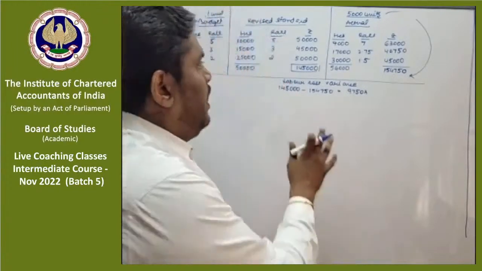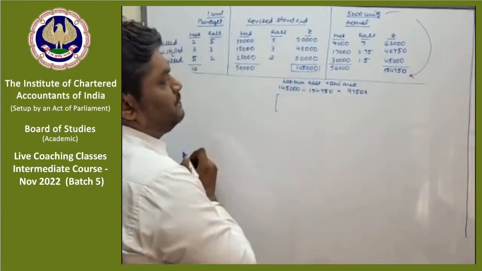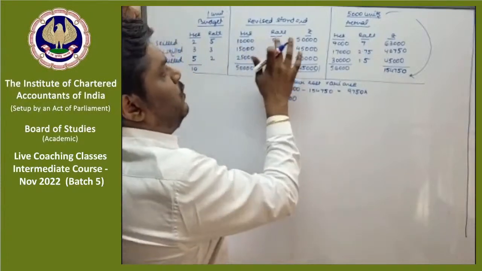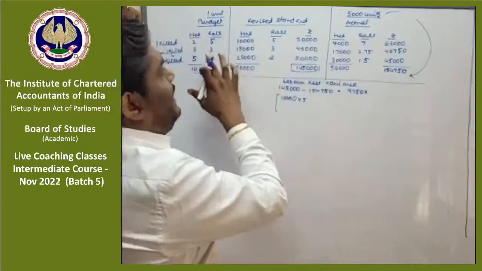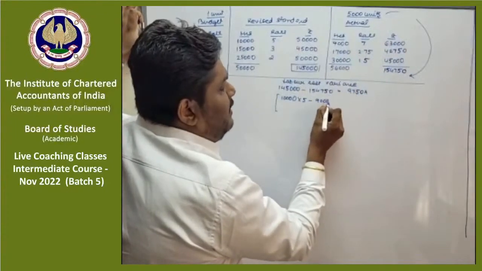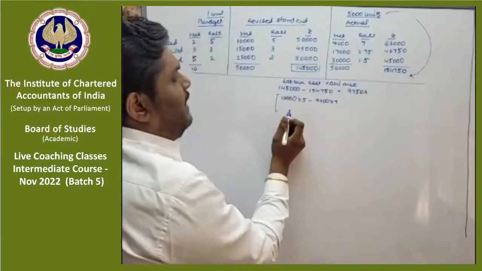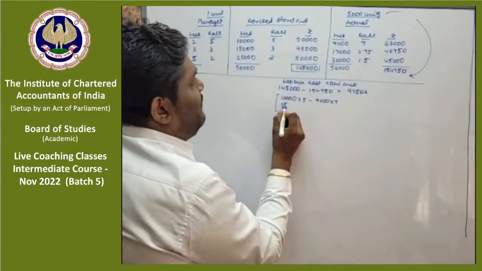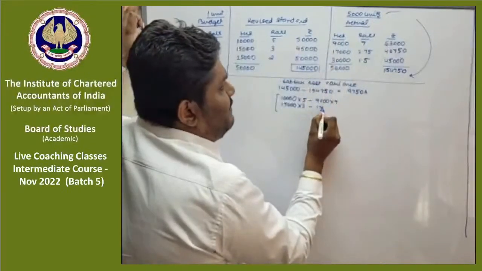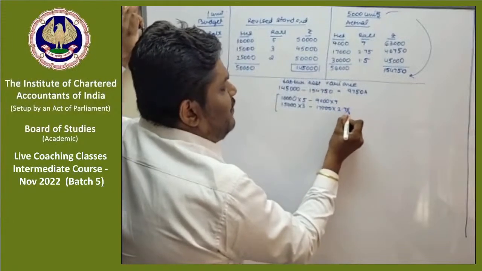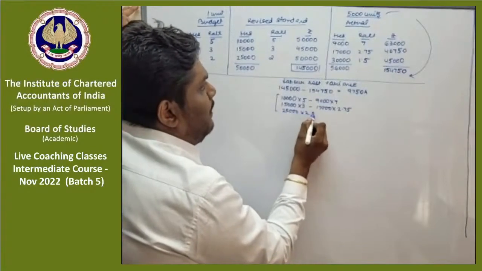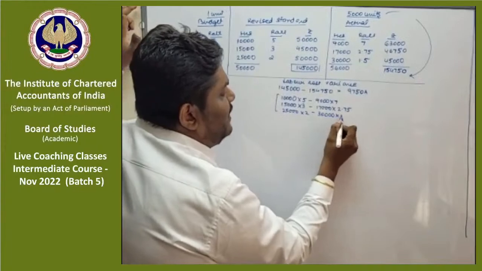Very good, everybody. Alternatively, the same way, 10,000 into 5, that is for skilled labor, the amount to be paid should be 50,000, but how much did we actually pay? 9,000 into 7. Similarly, for semi-skilled, 15,000 into 3, that we were supposed to pay, but we are paying 17,000 into 2.75. Similarly, for the unskilled labor, 25,000 into 2 minus 30,000 into 1.5.